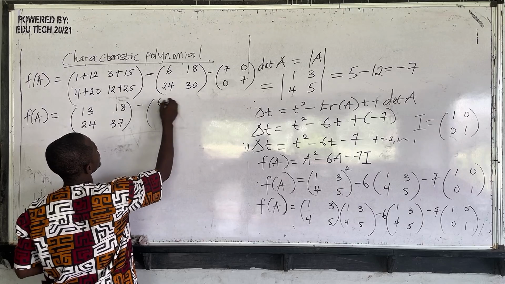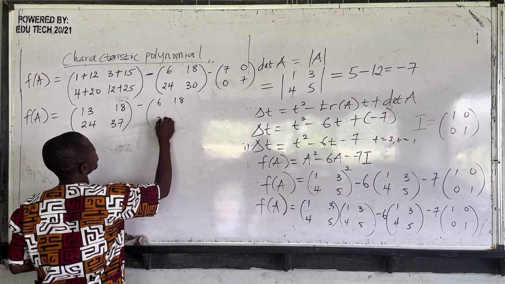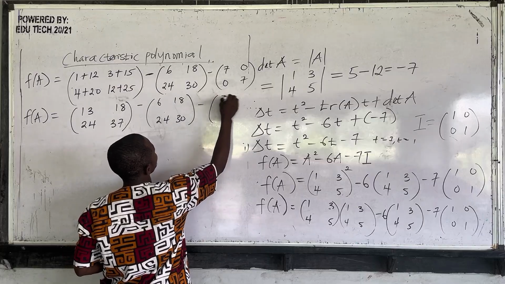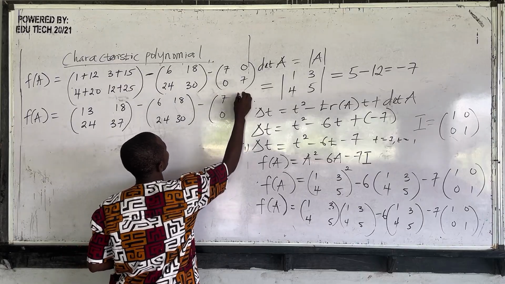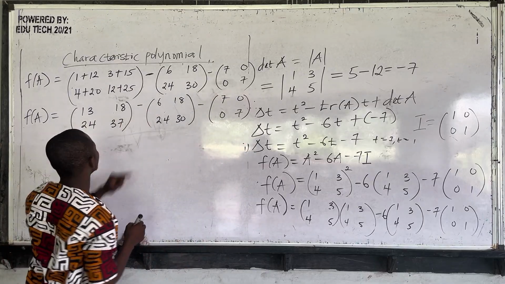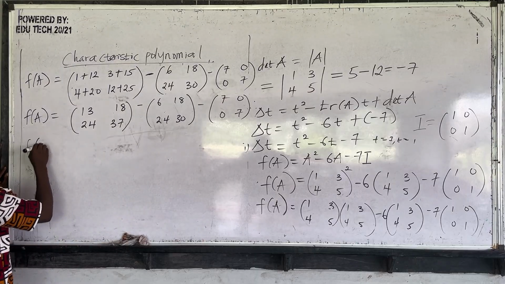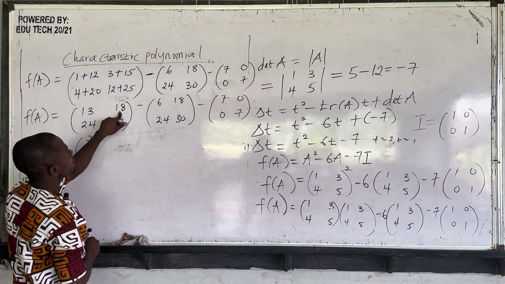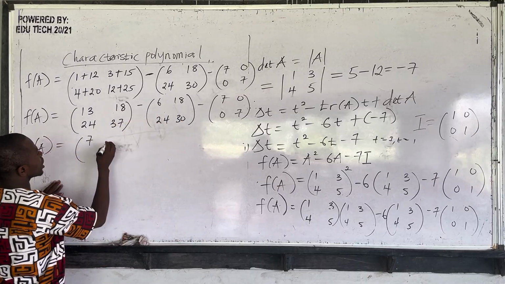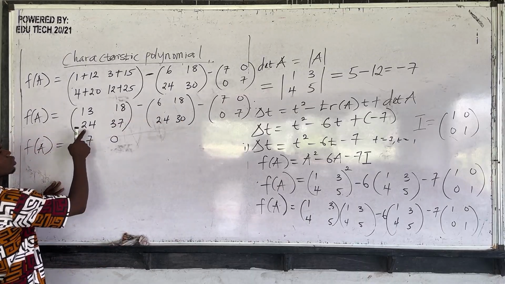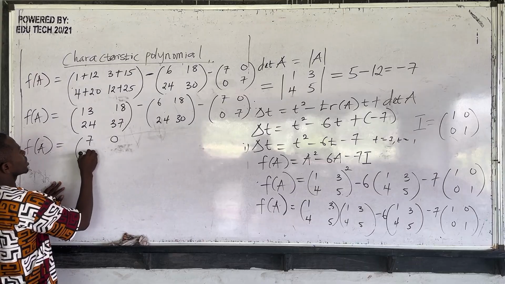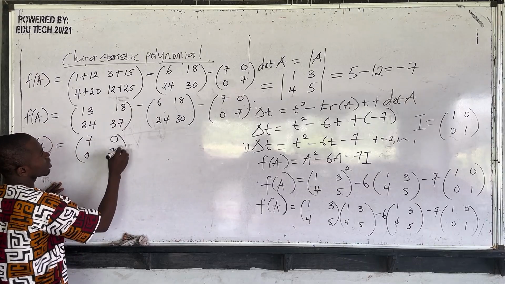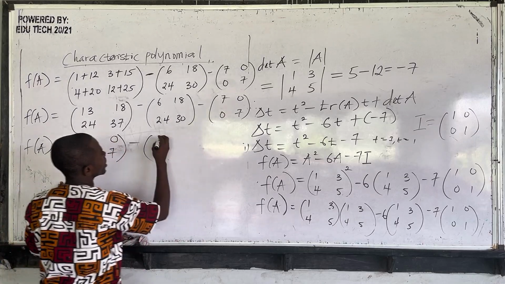Minus bracket 6, 18, 24, 30, minus bracket 7, 0, 0, 7. Okay, 13 minus 6 gives 7. 18 minus 18 is 0. 24 minus 24 is 0. 37 minus 30 is 7.